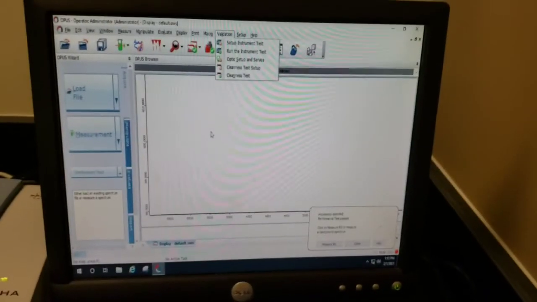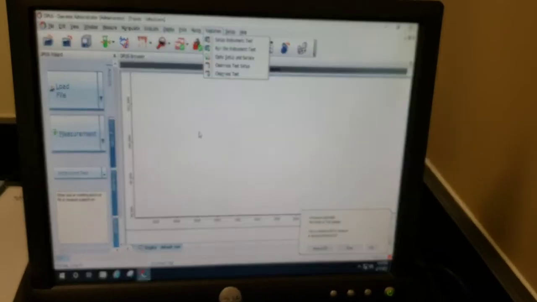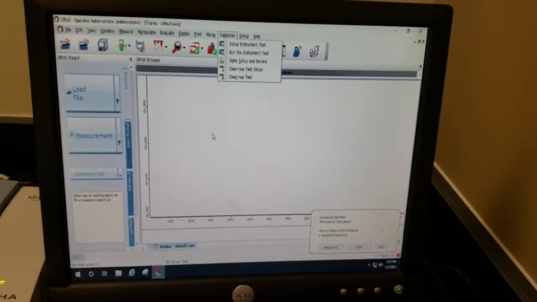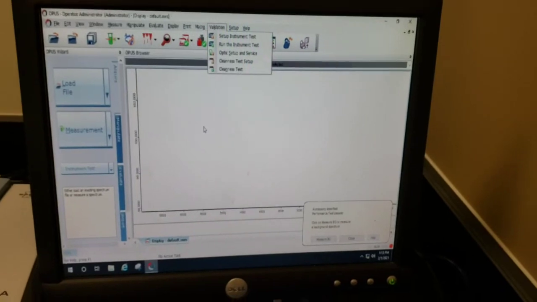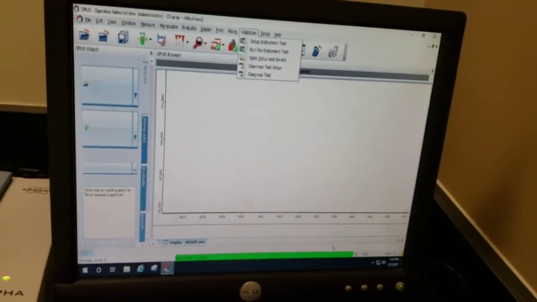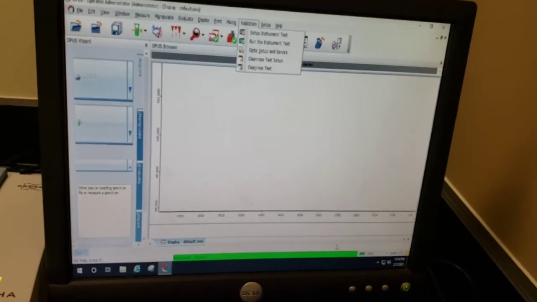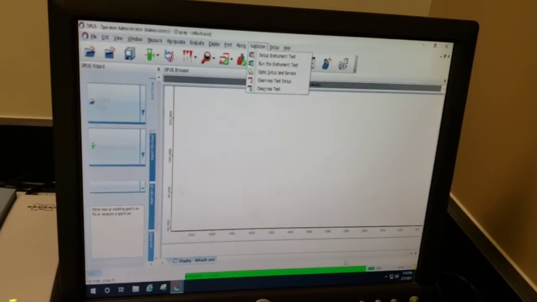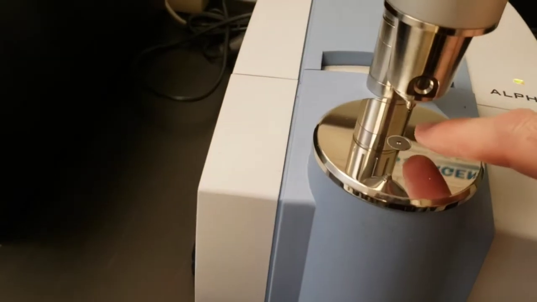This infrared instrument operates using Windows software, and when you first switch it on, it will do a system check, and then it will ask to run a background. A background scan is what we can use to subtract from our actual experiment data later all of the contaminants that are in the atmosphere directly above the sample holder.